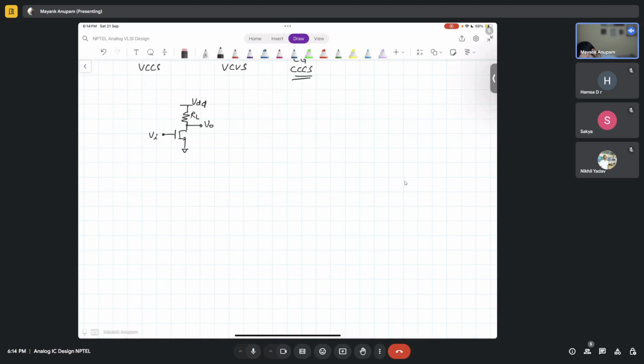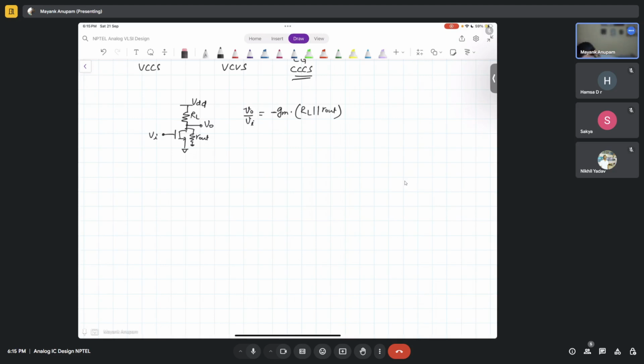This is RL, and let's say it also has some output resistance, R out. What is the small signal gain VO by VI from input to output? It is minus gm times RL parallel R out.